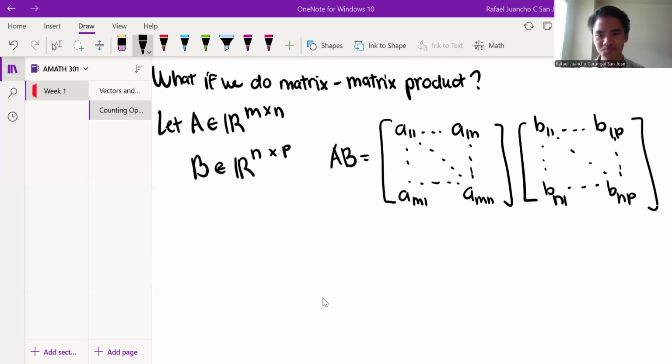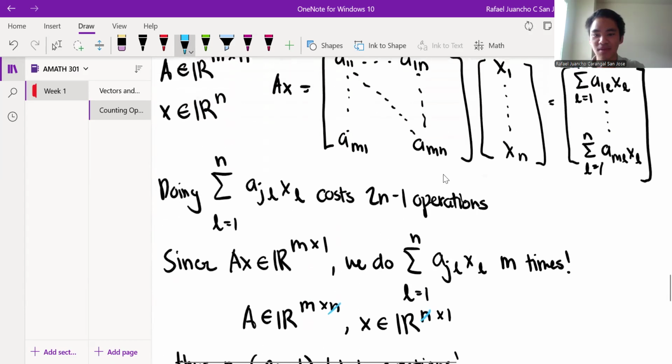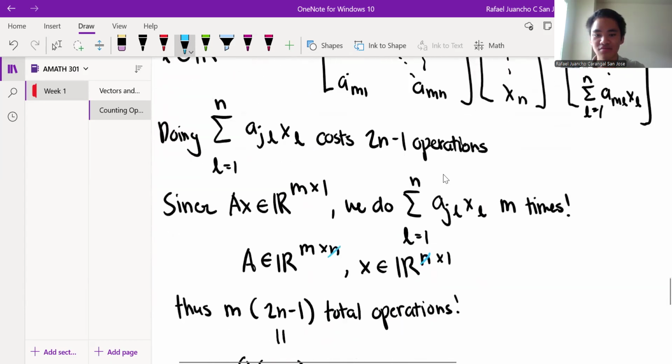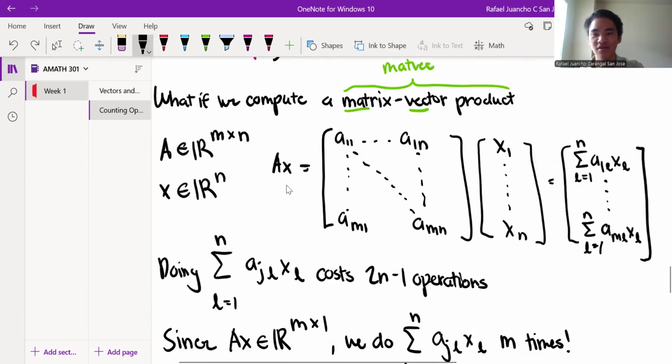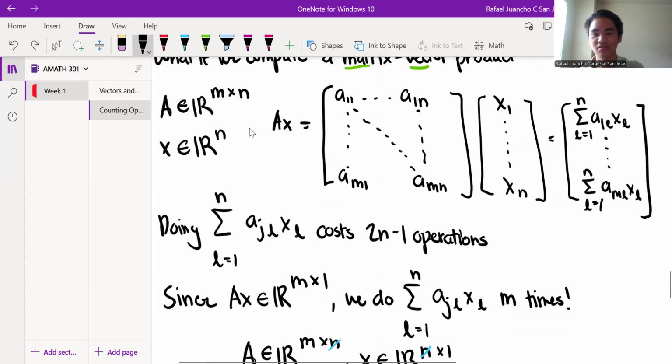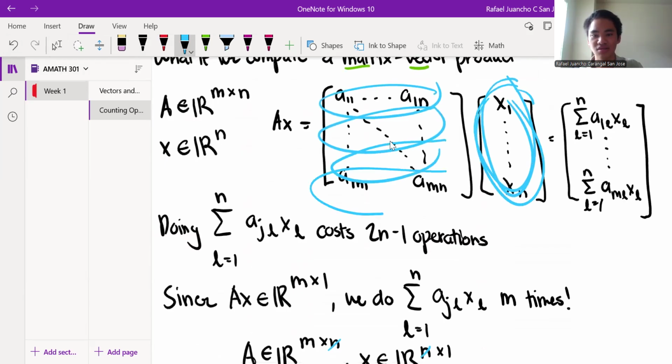Let's see. Remember when we did a matvec? A matvec operation is m times 2n minus 1. Where was it? I lost it. Oh, there. M times 2n minus 1, right? The thing I just showed you where we did this piece here. So we did this and this, this and this, this and this, this and this.